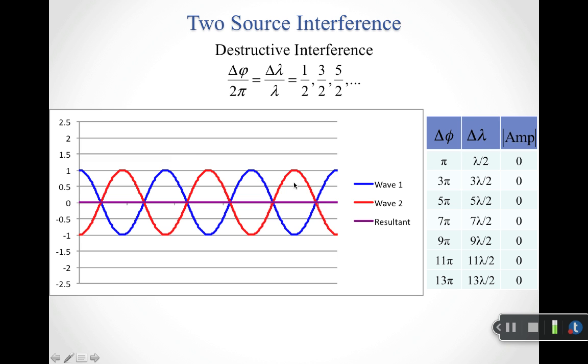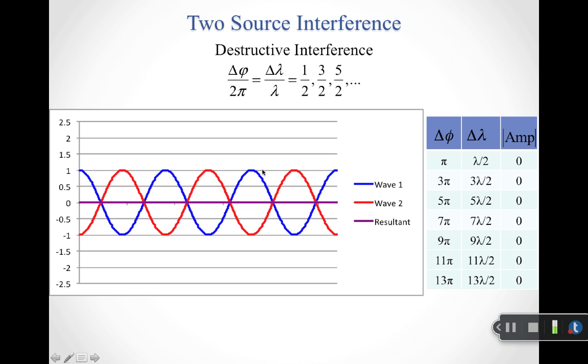In terms of the path difference, to get these waves out of phase means that I need one wave to have traveled half a wavelength farther than the other. If it had traveled a full wavelength, they'd line back up again. So I need it to travel half a wavelength so that they're perfectly out of phase.